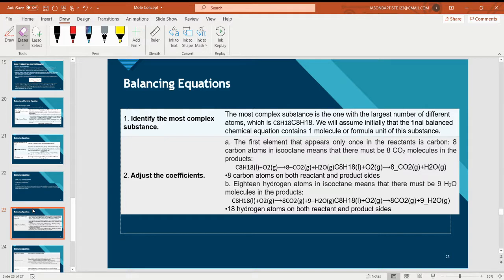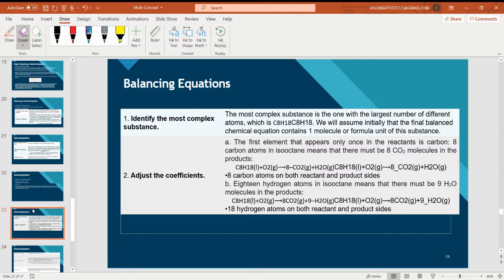Now, in this case, the most complex substance would be the one with the largest number of atoms, which is the isooctane, the C8H18. We will assume initially that the final balanced chemical equation contains one molecule or formula unit of this substance.